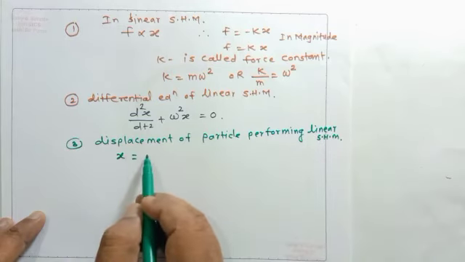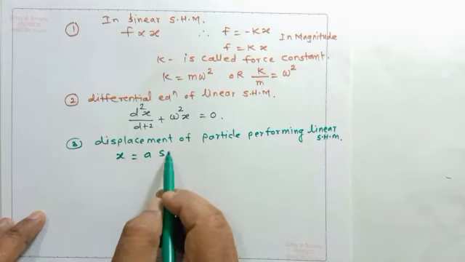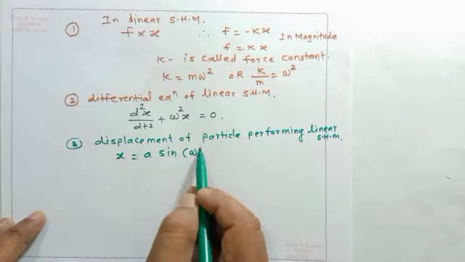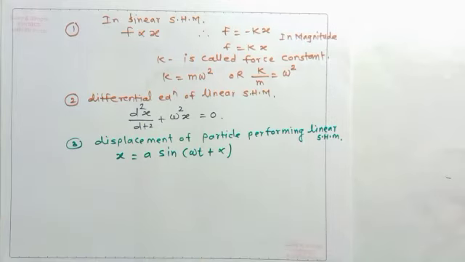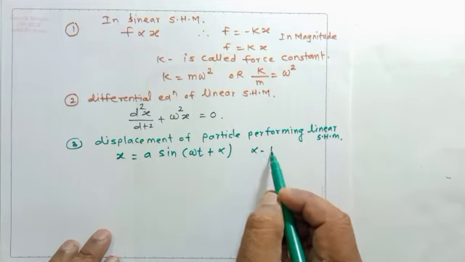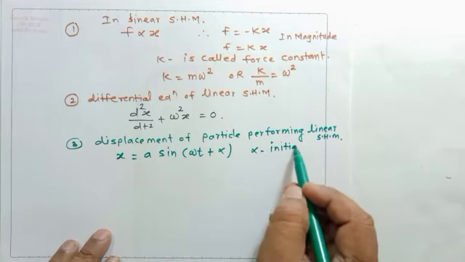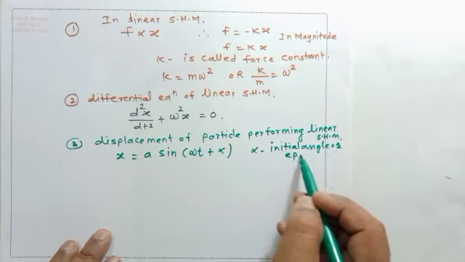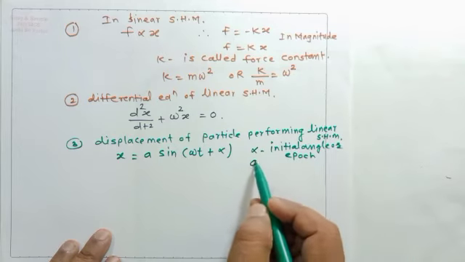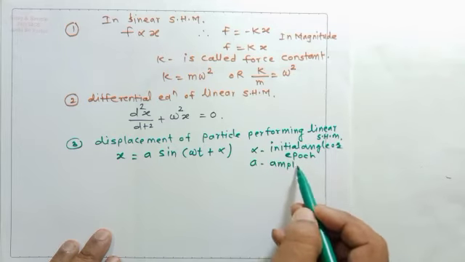x is equal to a sin(omega t plus alpha), where alpha is called the initial angle or epoch, and a is the amplitude.